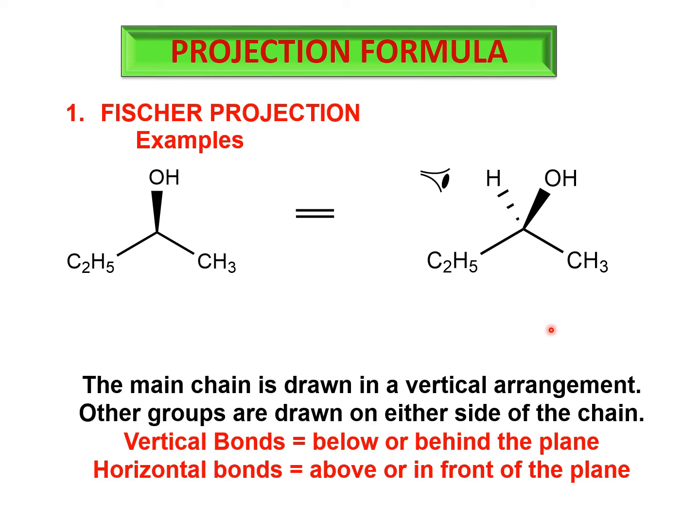So you're standing right here and this is the angle of your eye looking right at this central carbon atom and the other groups. You can also stand right beneath this molecule and look at it from under the molecule, and then you draw a Fischer projection with correct relative orientation of the groups. Or you can stand above this molecule and look at it downwards and then draw a Fischer projection. We will discuss each of these angles one by one in the coming slides.